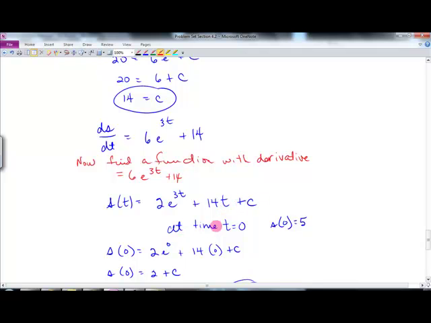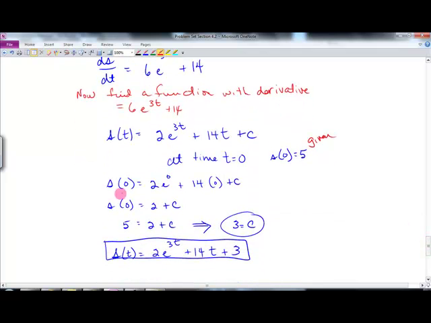All right, at time t equals 0, we know that s of 0 is 5. That was given to us. All right, so s of 0 equals 2e to the 0 plus 14 times 0 plus c. So s of 0 was 5. 5 equals 2 plus c, so c must be 3.